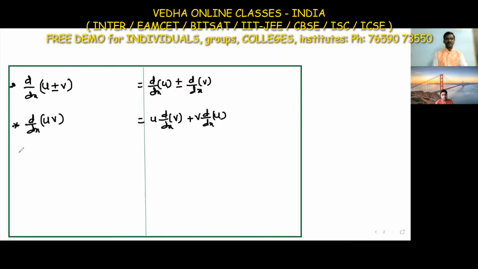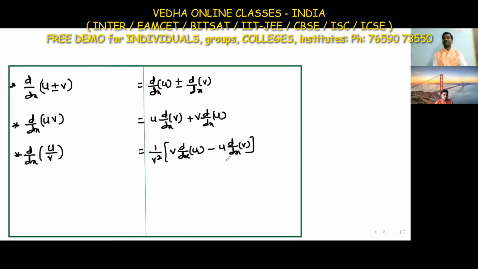Now, the derivative of u by v: how do we differentiate? We take 1 by v square into v outside and d by dx of u, minus u outside and d by dx of v.